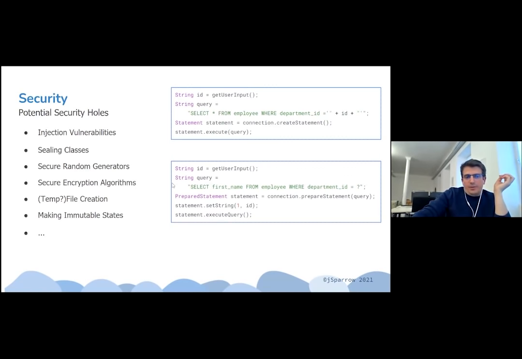Similarly, we would have other topics related to security, like sealed classes that will come soon. It's already a preview feature in Java 16. Or other more simple and more common examples, like making better use of random number generators, or making use of more secure encryption algorithms.